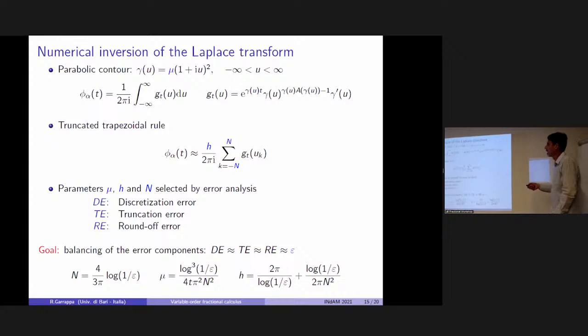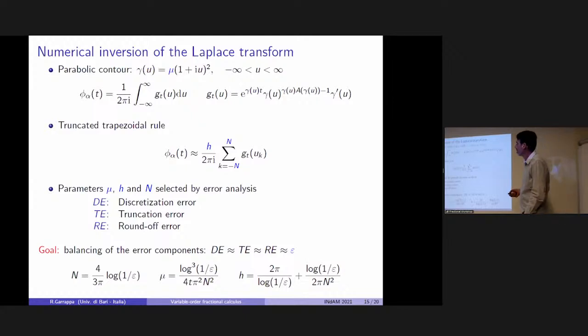So you can apply, for instance, a trapezoidal rule. We prefer to use very simple rules because the parameters must be identified by means of the error analysis. So also the error analysis must be very simple, otherwise it's very difficult to find optimal parameters.